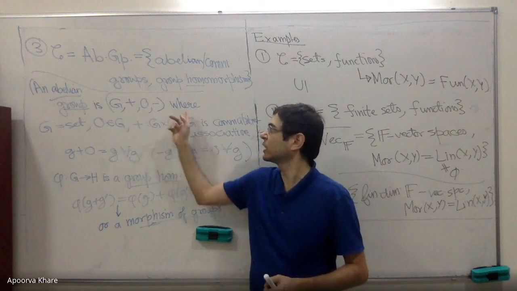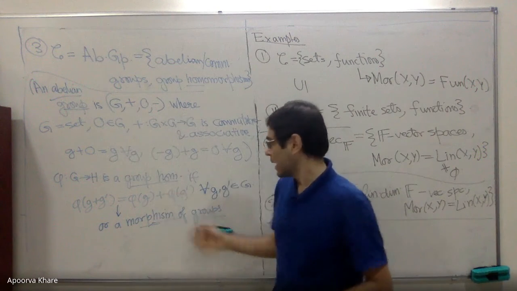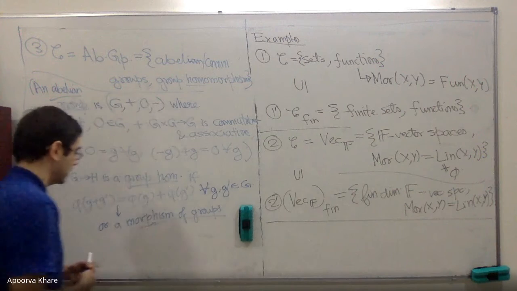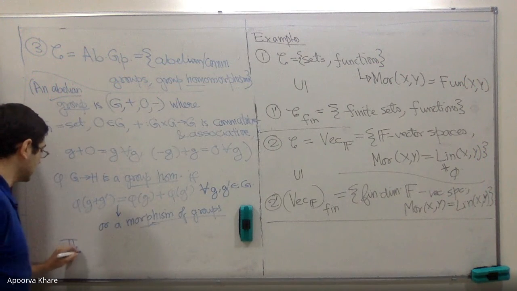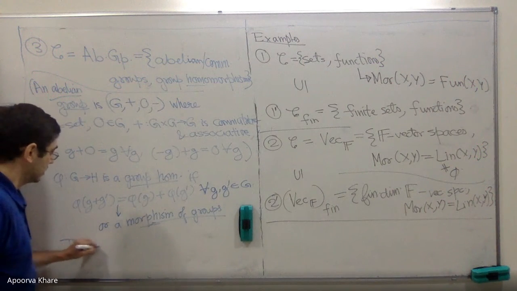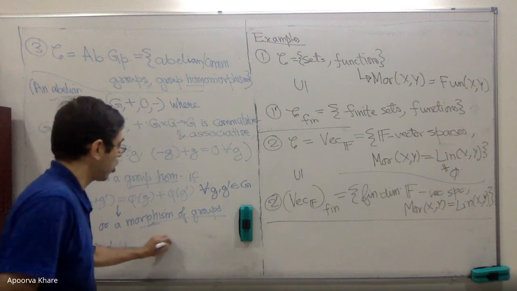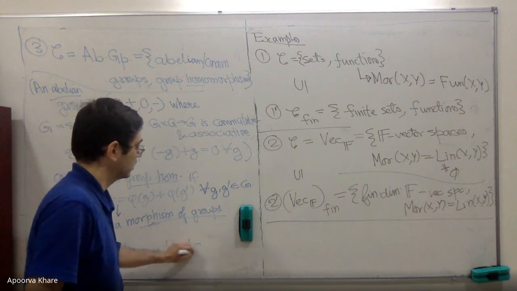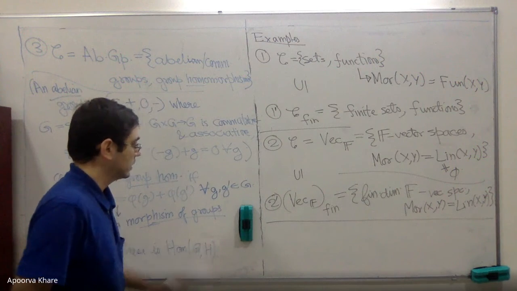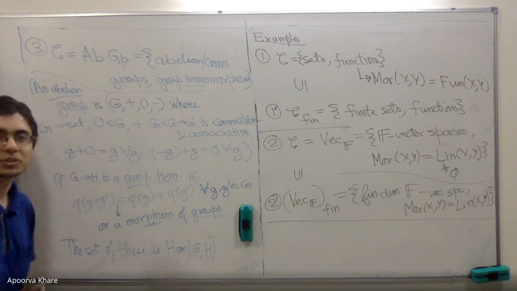It respects 0, it respects minus. Okay? And the set of these homomorphisms is denoted Hom(G, H).